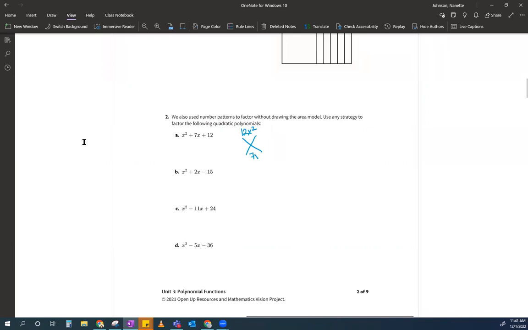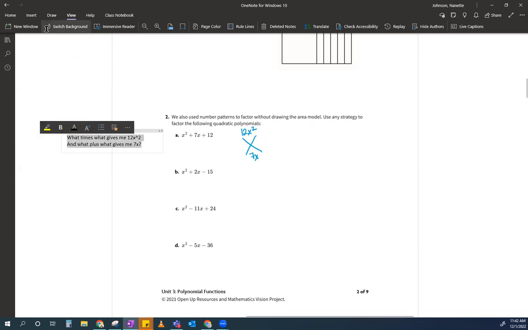And then the question that I ask myself, which is really important, is what times what gives me 12x squared, and what plus what gives me 7x?